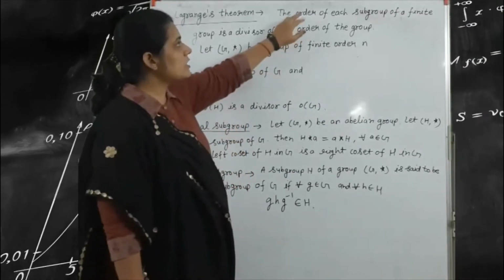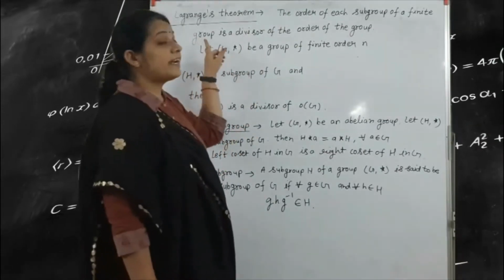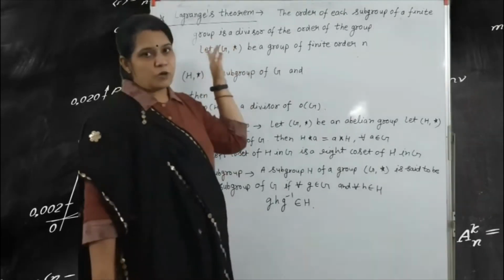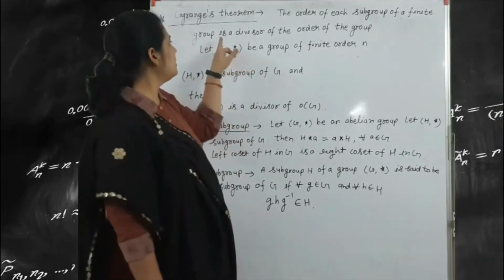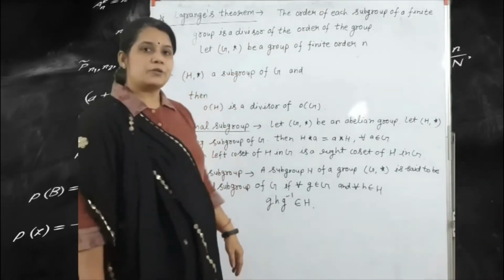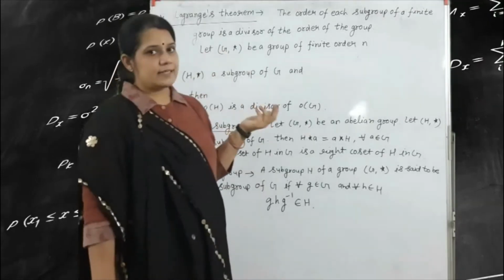The order of each subgroup of a finite group. Here we write finite group, so this is a very important point. It is a divisor of the order of the group. For example, let G comma star, where star is an operator.